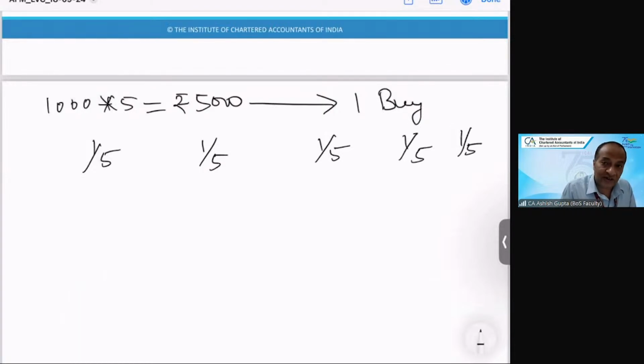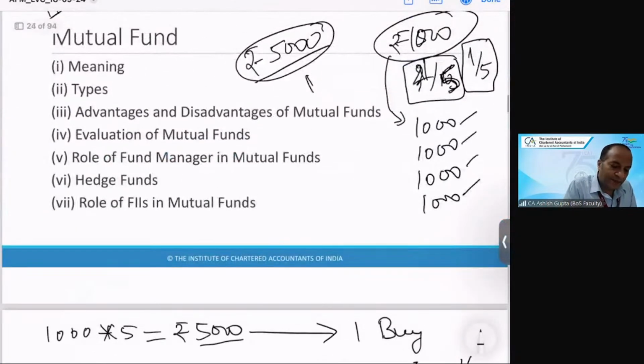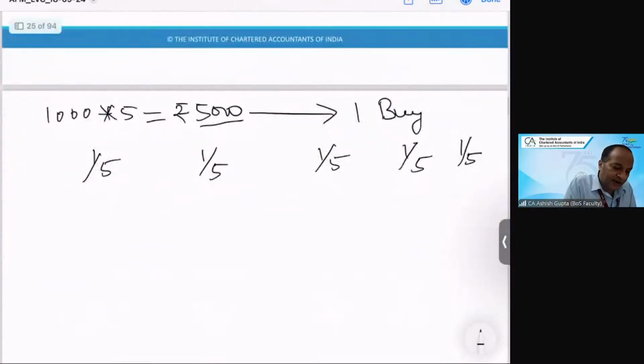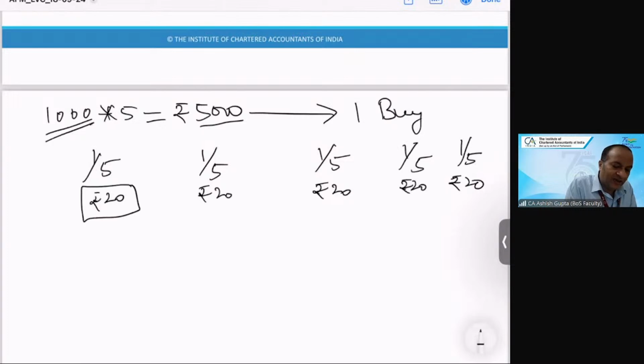Now tomorrow, if the company declares a dividend of say rupees 100, this will be equally divided among your five friends: rupees 20 each. So by investing 1,000, you are getting a dividend income of rupees 20.